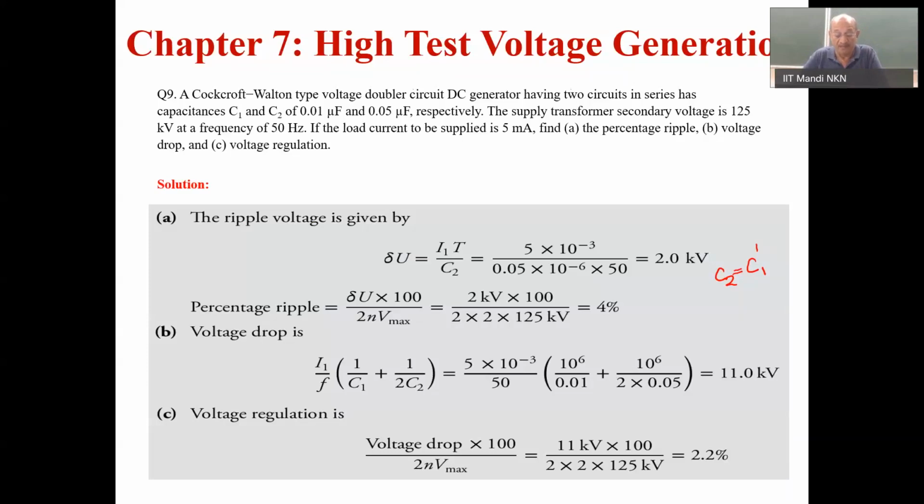So 2n V max, where n is the number of stages.